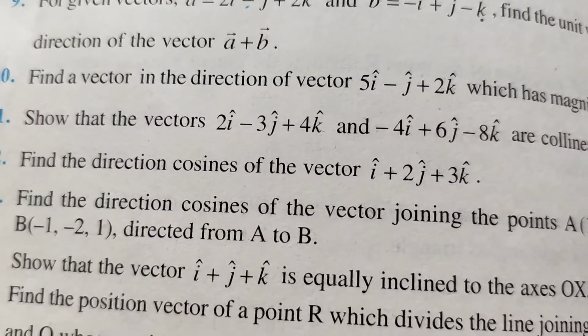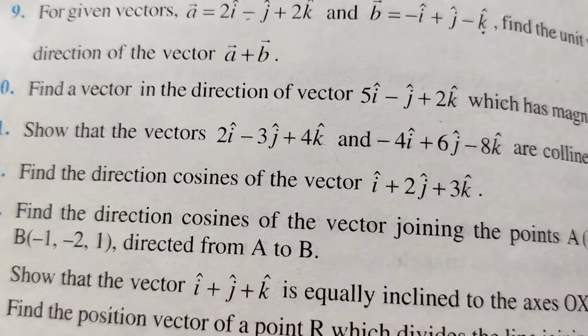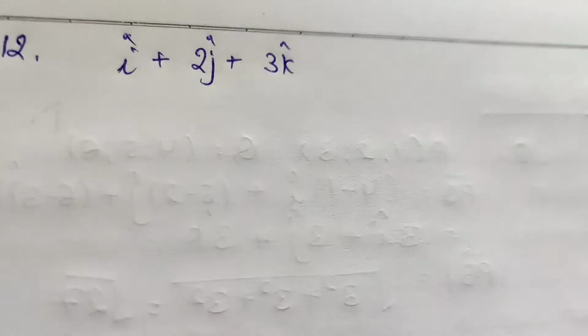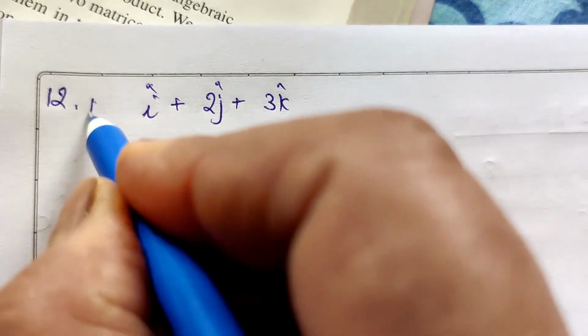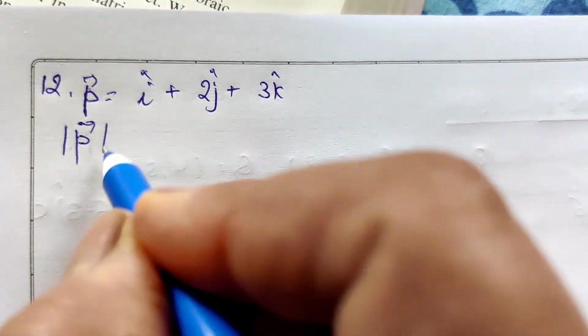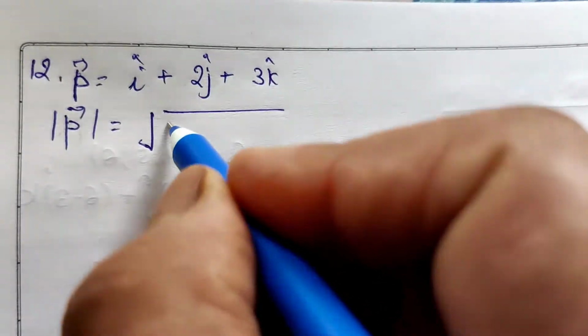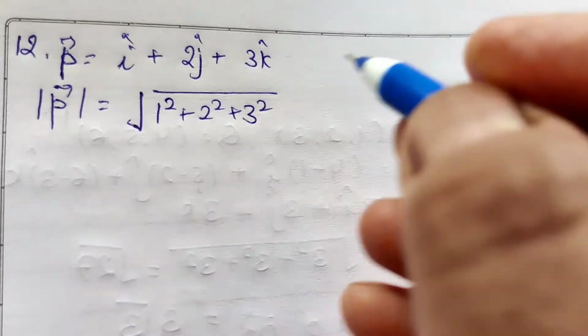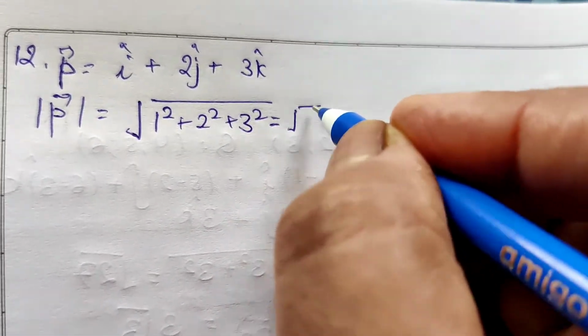डायरेक्शन कोसाइंस वेरी इजी. x अपॉन अंडर रूट मैग्नीट्यूड, y अपॉन एंड z अपॉन. ओके. i प्लस 2j प्लस 3k. सपोज इट इज अ वेक्टर p. नाउ द मैग्नीट्यूड ऑफ p वेक्टर इज इक्वल टू 1 squared plus 2 squared plus 3 squared. It is equal to root 14.